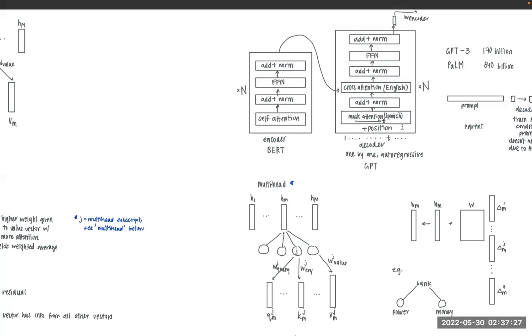So in the softmax, you only assign non-zero attention to the previous Spanish words that you have generated. And again, you use the residual operation and the layer normalization.